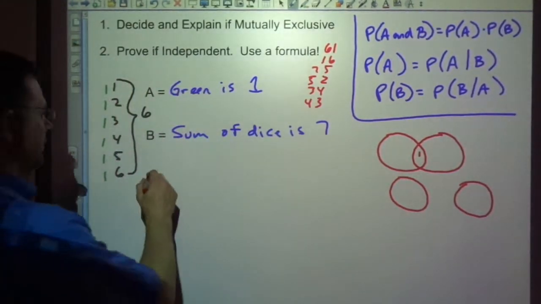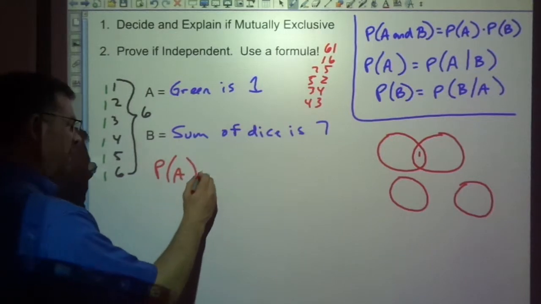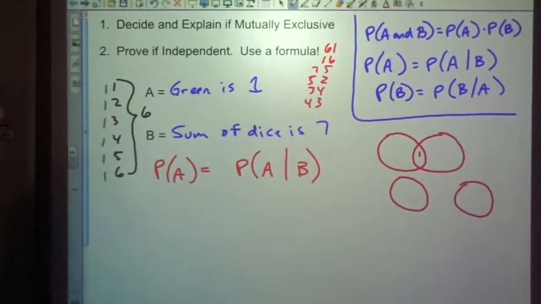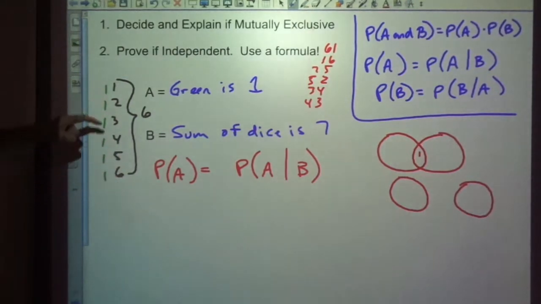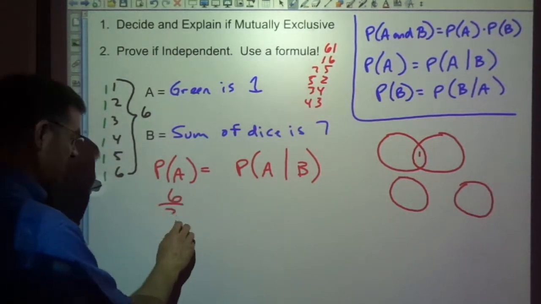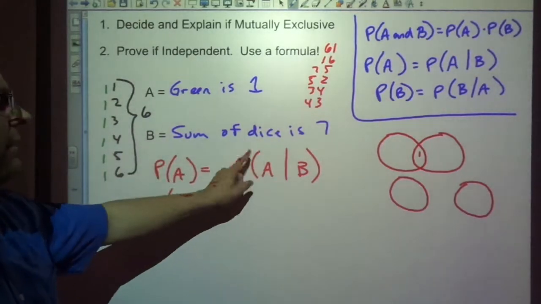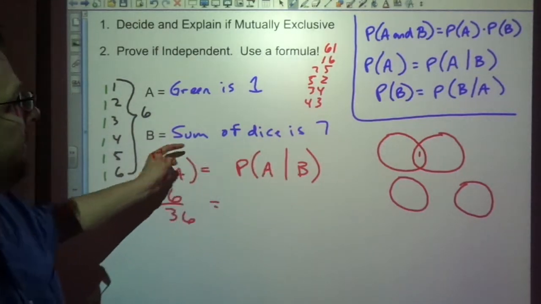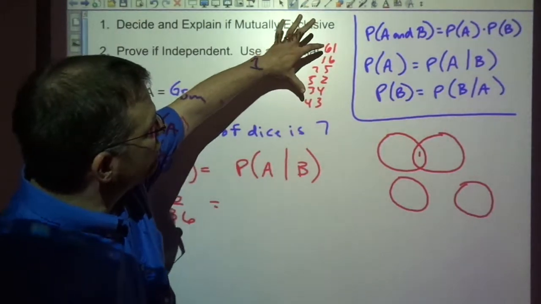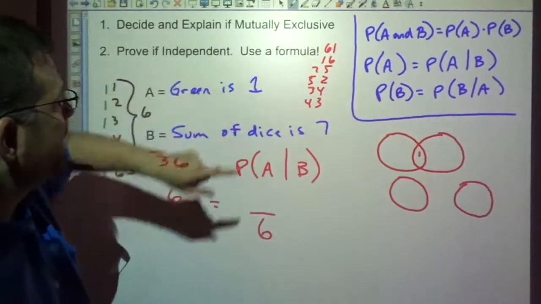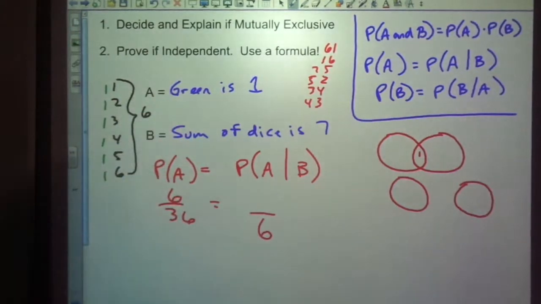Are they independent? Well, what's the probability of A here? Let's do this one. Probability of event A, there are 6 rolls out of the 36. Probability of A given B now is saying if we know this has happened, if the sum of the dice is 7, so it's one of these 6 rolls, what's the probability that the green is 1?